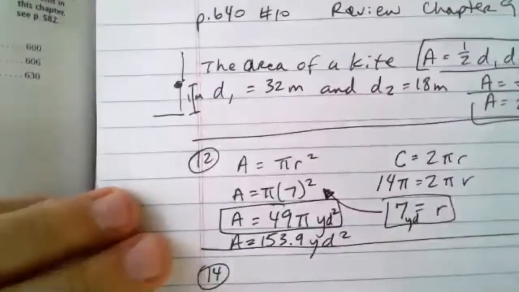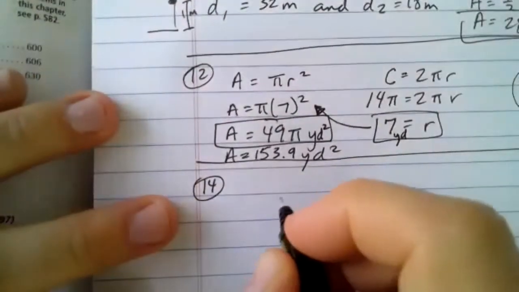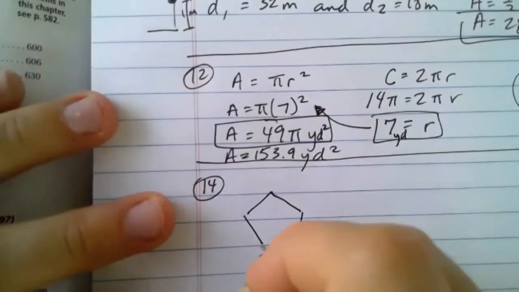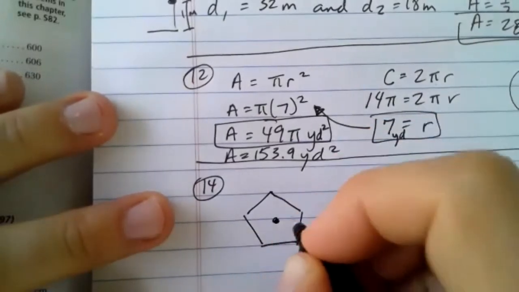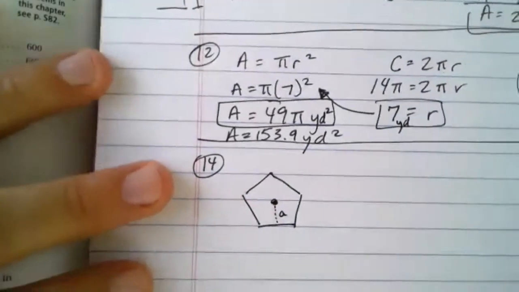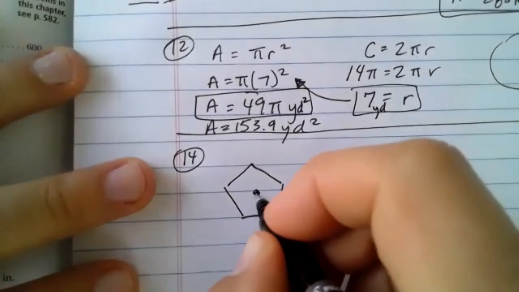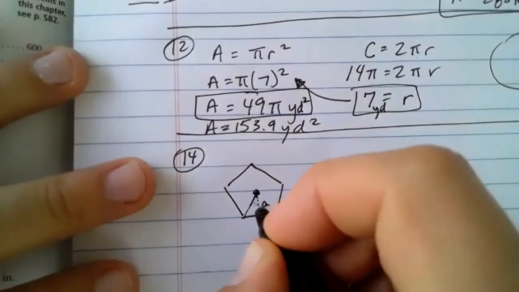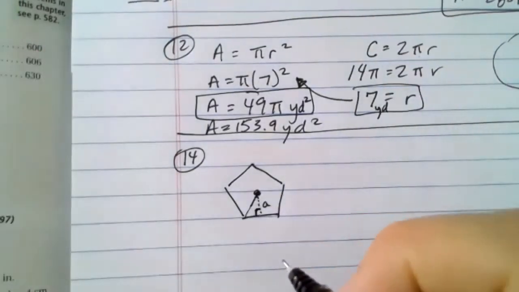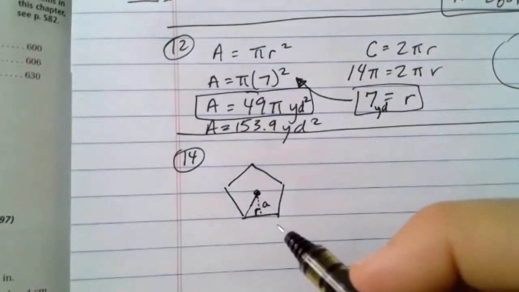All right, so let's go down here and draw a pentagon. 1, 2, 3, 4, 5, pentagon. And then here's going to be my apothem there, okay? And they want this length here. We'll talk about that. And then this right here is your right angle. So what kind of angle is this right here?